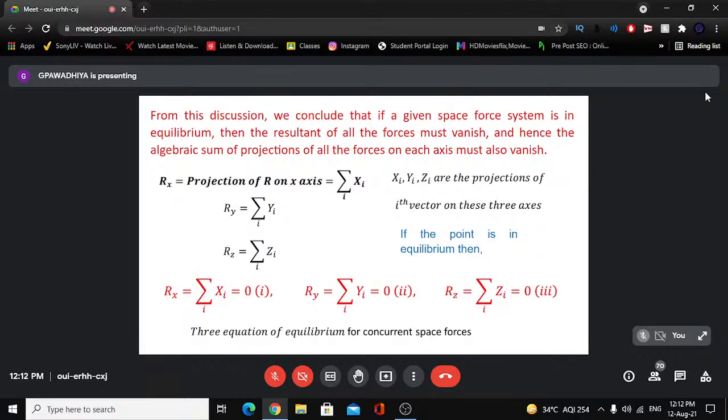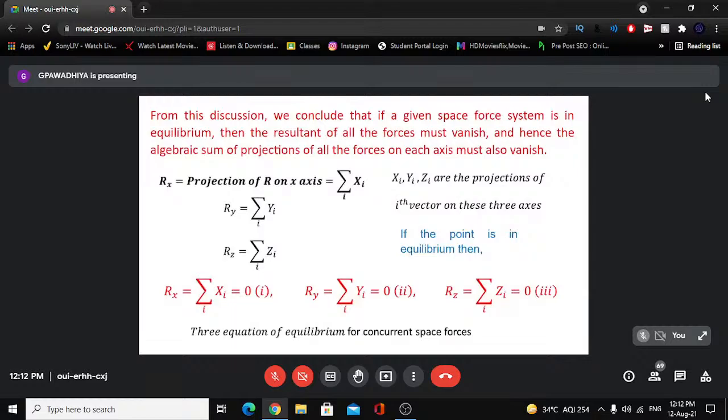So here Xi, Yi, Zi are actually scalar values. These should be multiplied by the unit vectors along x, y, and z respectively to express them as vector quantities. But from this, we establish the equilibrium conditions, which are scalar relations. So Rx is equal to sigma Xi.